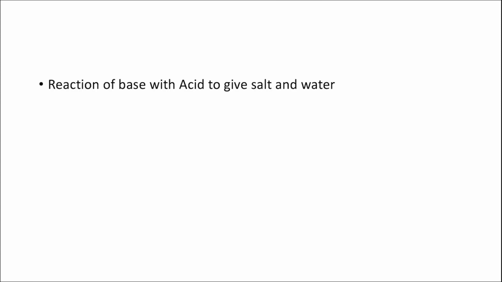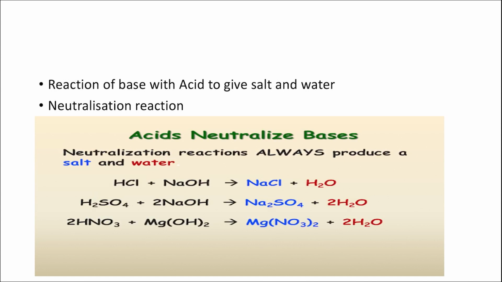Let us go to the next property, that is reaction of base with an acid. It is a simple neutralization reaction wherein we know that acid plus base always gives you salt plus water. So you can see few reactions here. Each of these reactions is a double displacement reaction, and you know in any double displacement reaction you just have to exchange the positions of these ions.